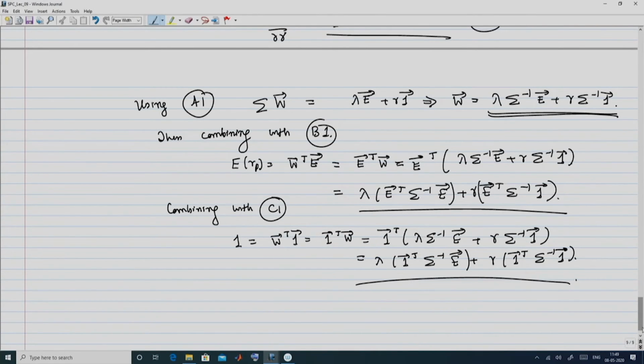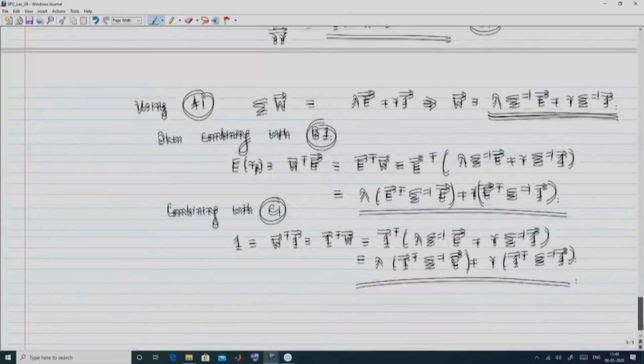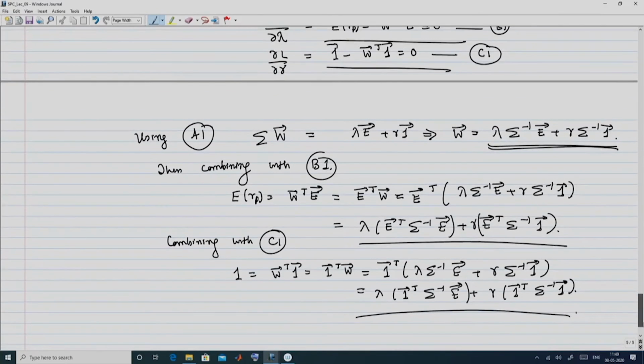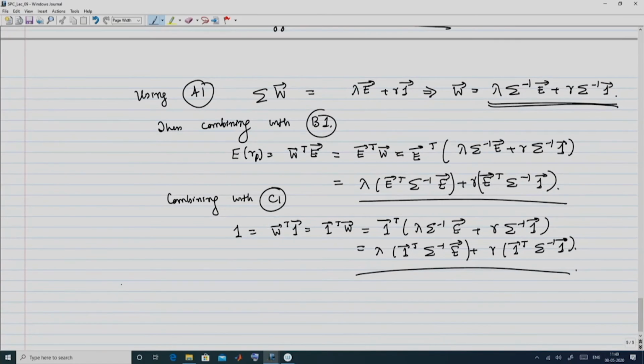Now, what you need to do is we need to solve this for lambda and gamma. So, we define A to be 1 transpose sigma inverse E, that means I call this to be A. I call B to be E transpose sigma inverse E, that means this quantity.